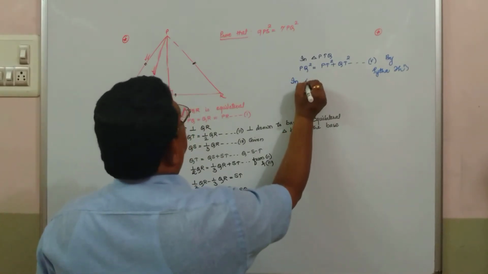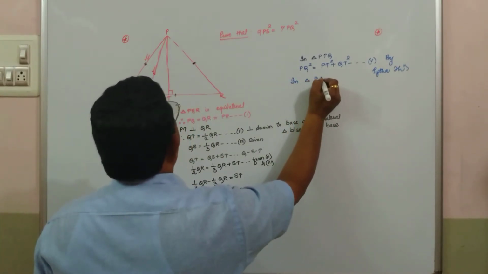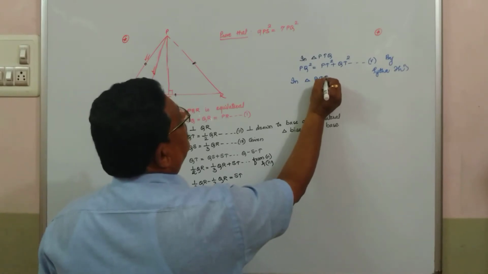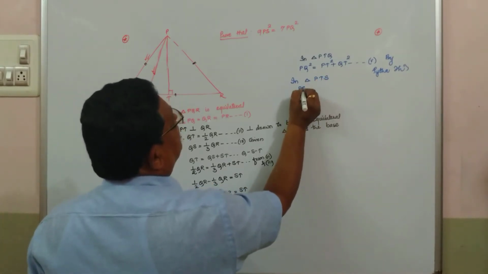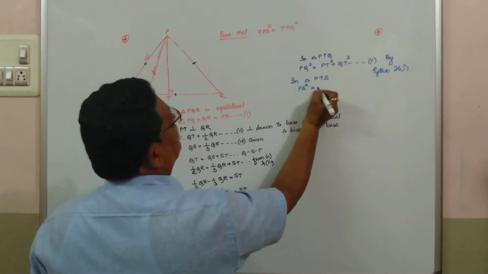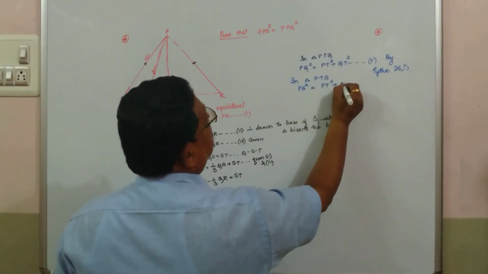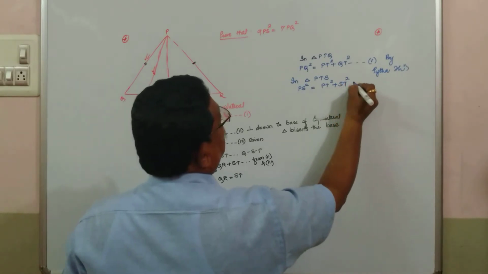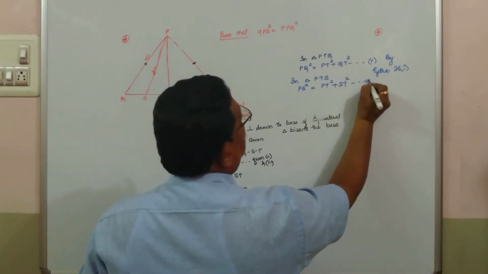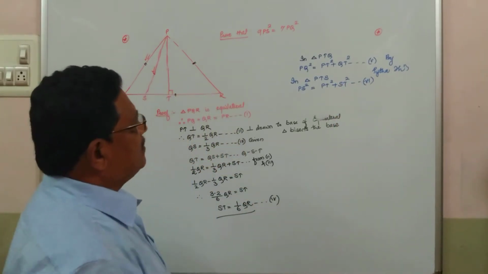Now in triangle PTS, hypotenuse is PS, so PS square equals PT square plus ST square. Again by using Pythagoras theorem.